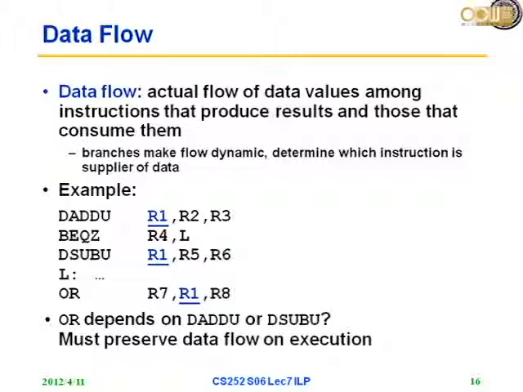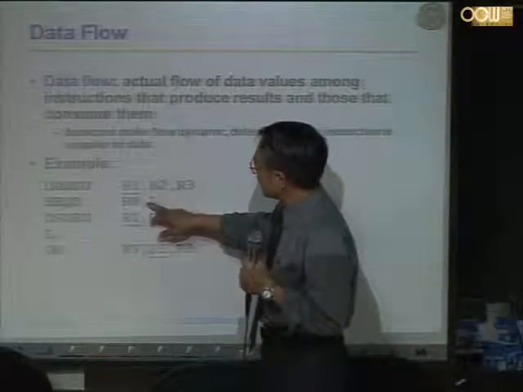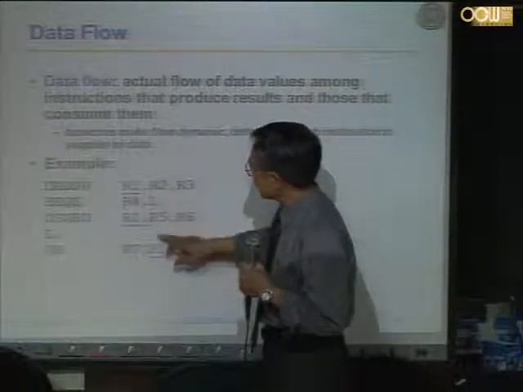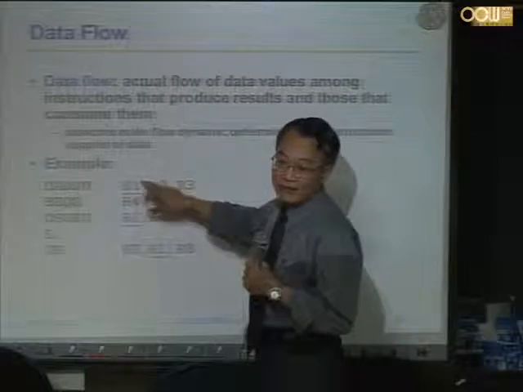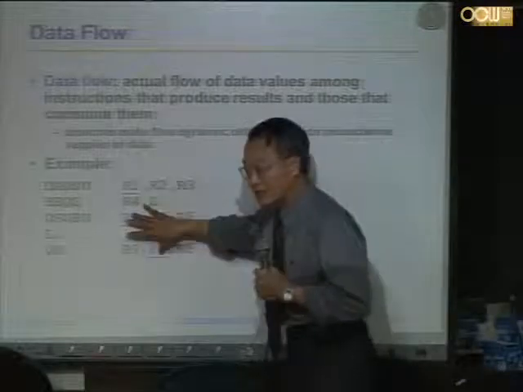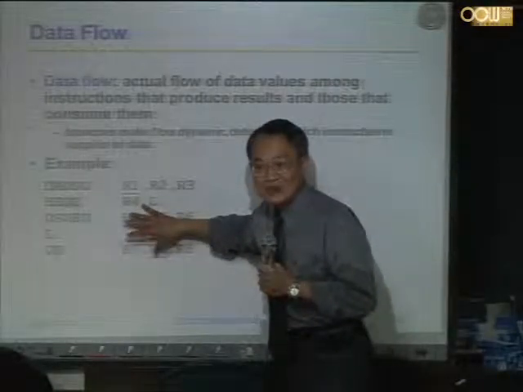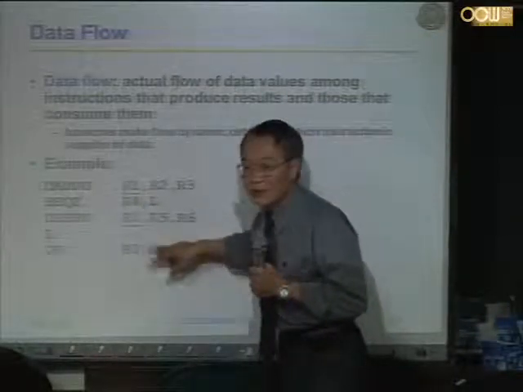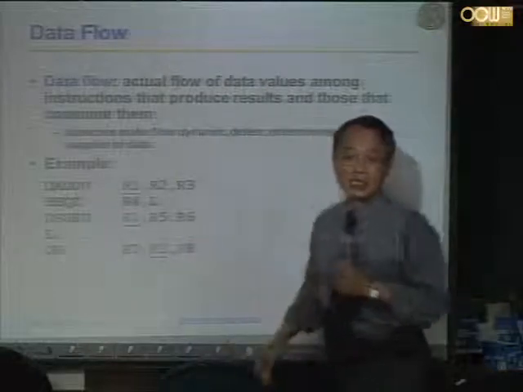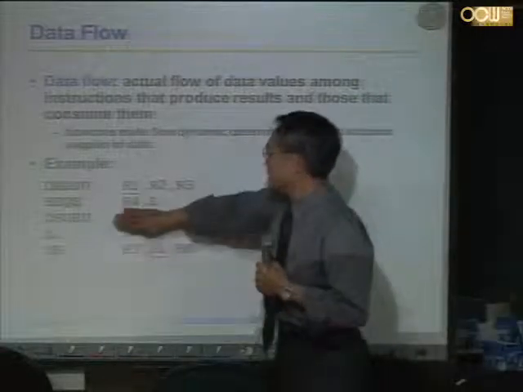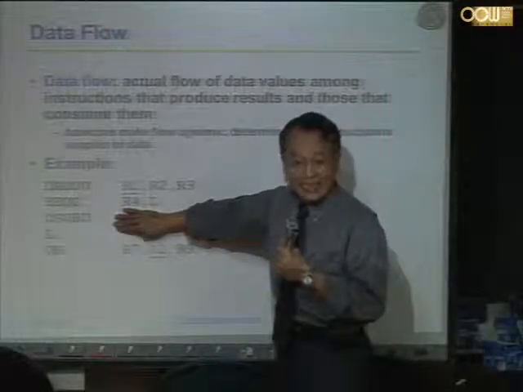Example: here we produce the value of R1, and this branch determines whether this or this is the consumer of the produced value. They both are potential consumers. In static analysis, they both are consumers, but in dynamic behavior, only one will become the real consumer. So when I say consumer, sometimes I may say no, this is not a consumer, but statically it is.